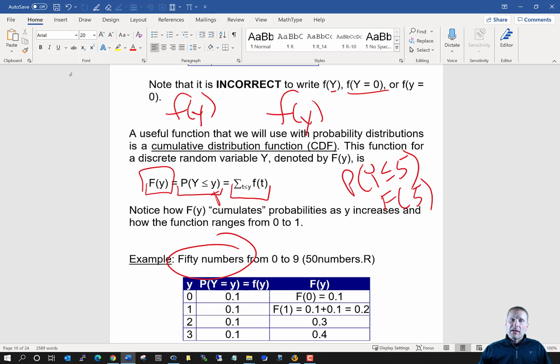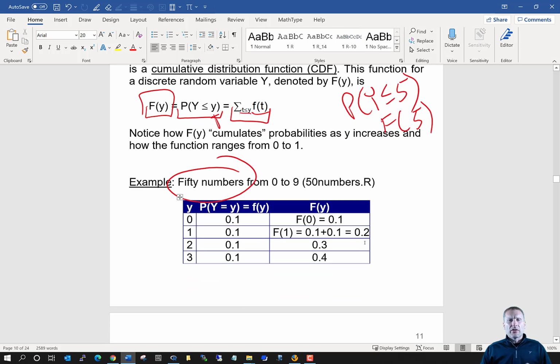In a more informal mathematical notation, we would say: sum over all possible values of t that are less than or equal to y of f of t. That might be a little confusing at first, but I think it will be clear once we look at this example.